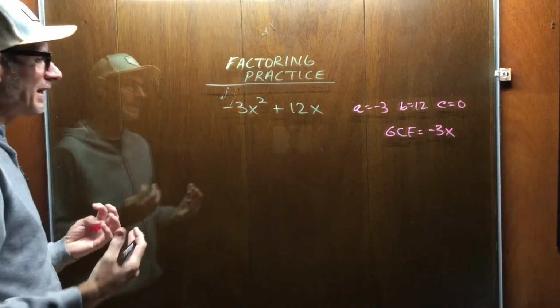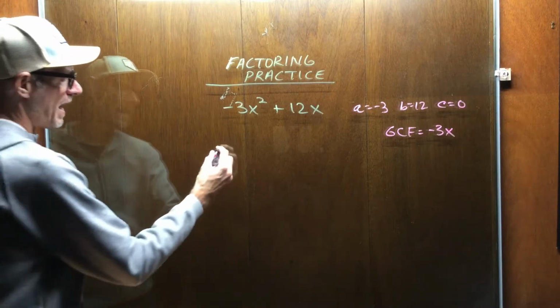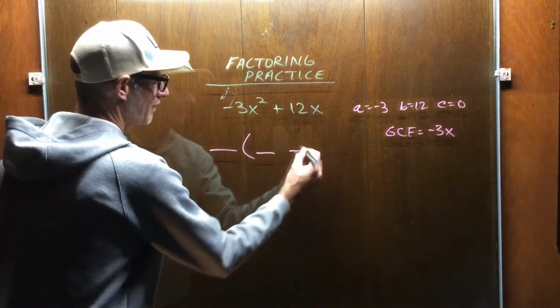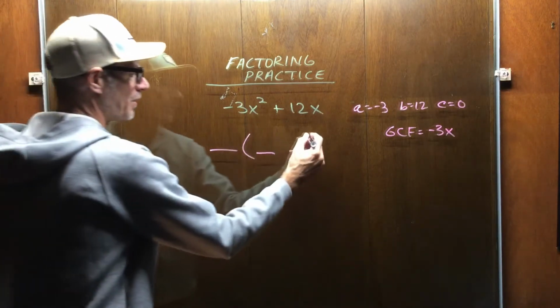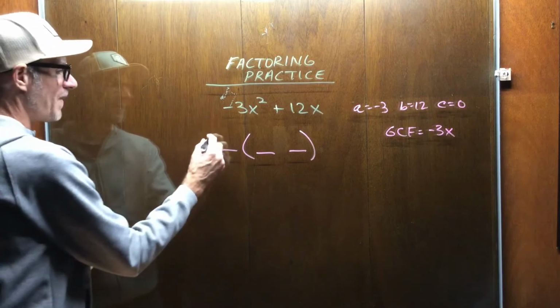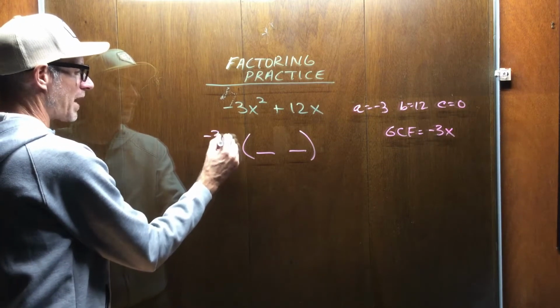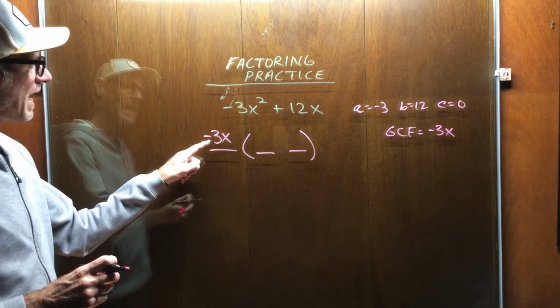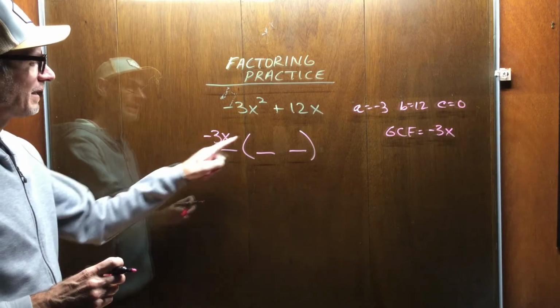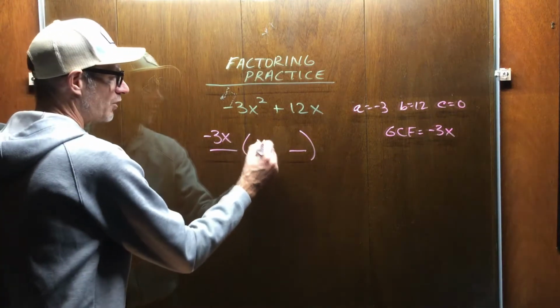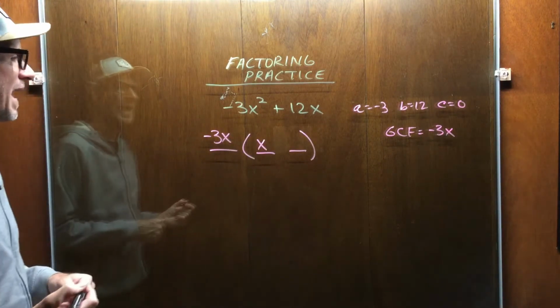So now when I take the -3x out, I'm going to have a number in the front of the parentheses, and I'm going to have 2 numbers inside the parentheses. That's going to be a binomial factor. My greatest common factor is going to go in the front, so that'll be -3x. Now I need to think to myself, -3x times something is -3x squared, and that's going to be +1x.